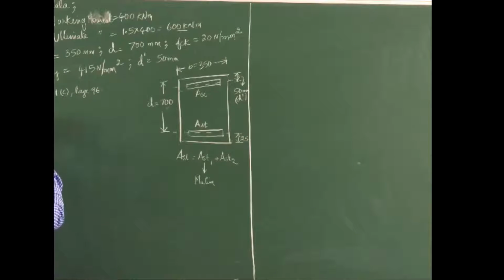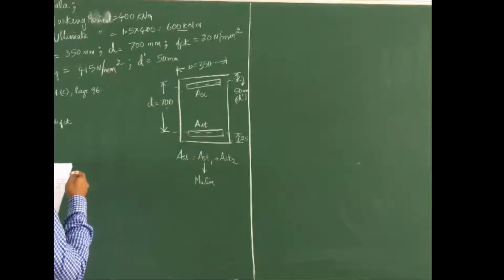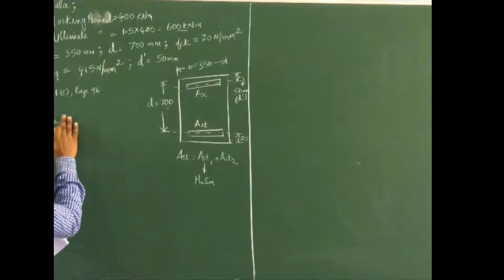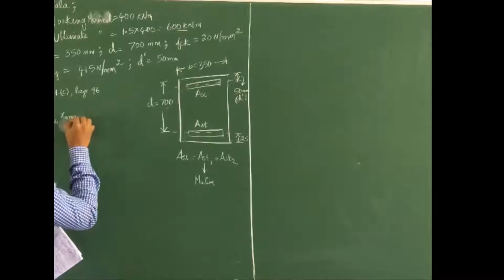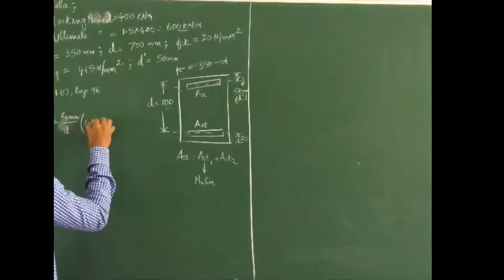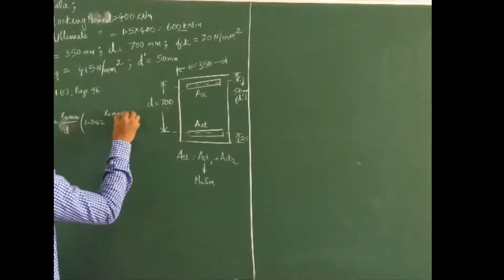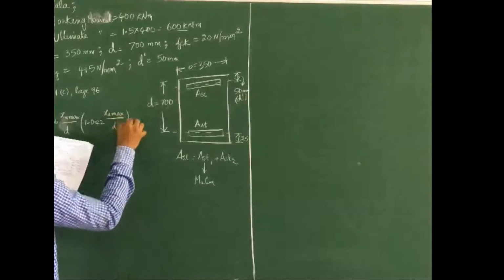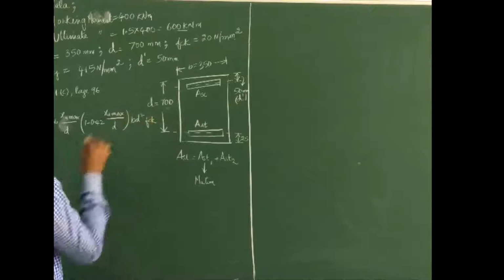The limiting moment of resistance is given by 0.36 FCK, 0.36 XU max by D into 1 minus 0.42 XU max by D into BD square FCK.